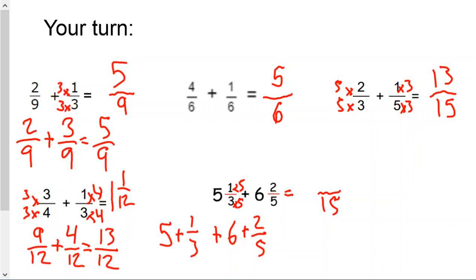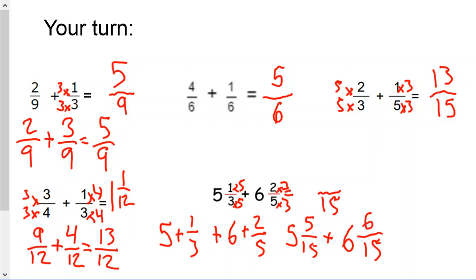So now we have 5 and 5/15 plus, this is times 3, plus 6, and 15 is our denominator, and the numerator is 6 as well.